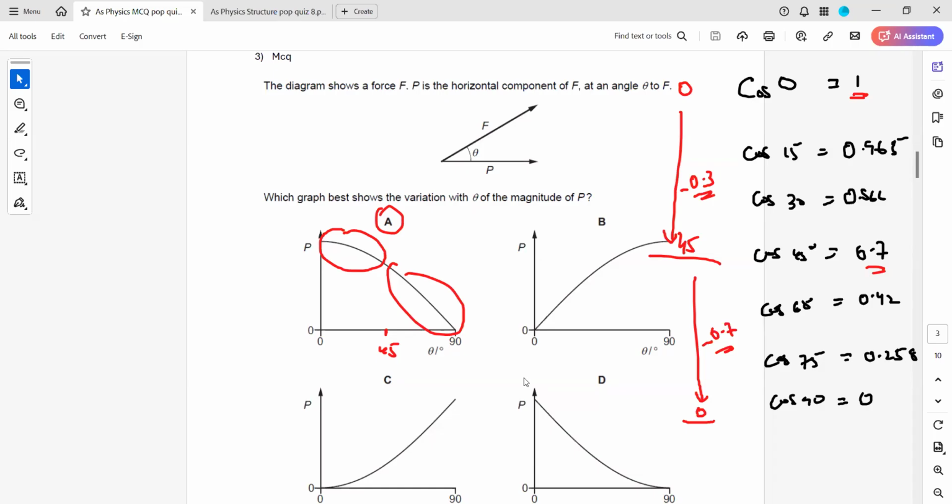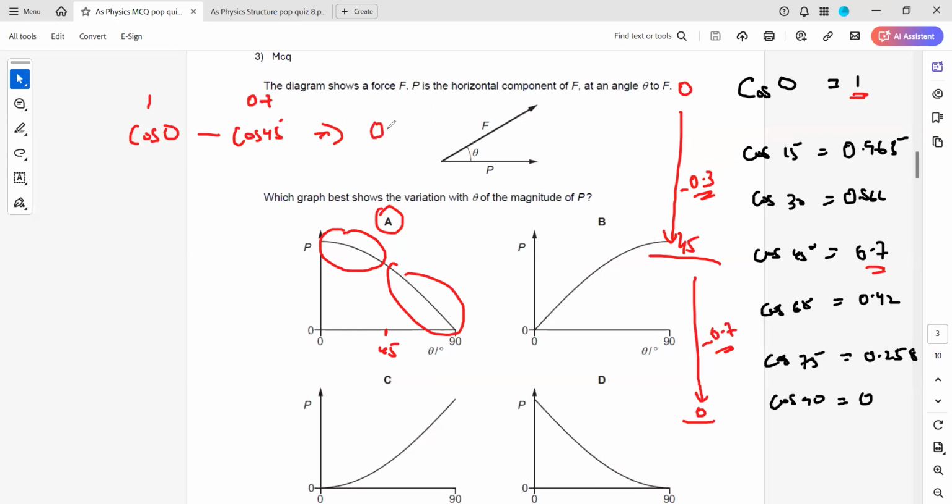Is it clear? So remember, for cosine, when the angle changes from 0 to 45, the change in the value of cosine is only 0.3, as this is 1 and this is 0.7.